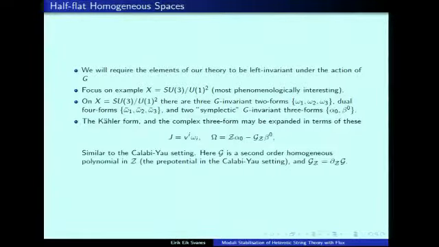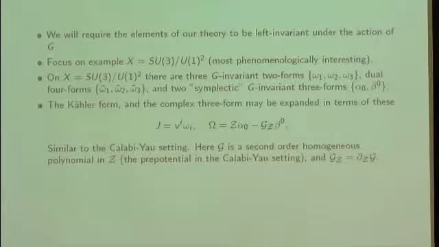As for Calabi-Yau, one can expand the Kähler form and the complex 3-form in the internal geometry. And again, G is then a second order homogeneous polynomial in this Z parameter, which we call the prepotential in relation to the Calabi-Yau setting.